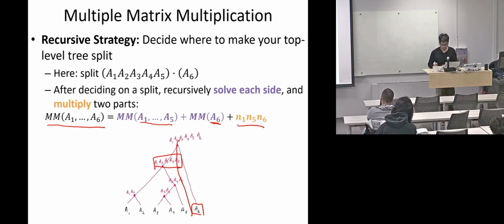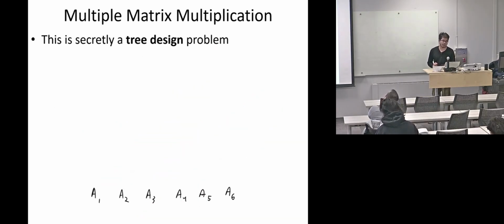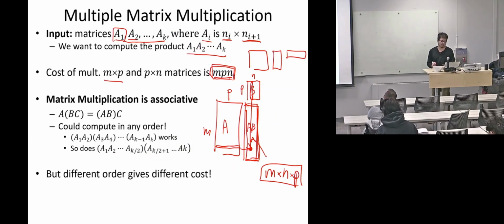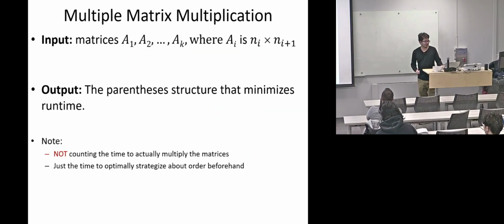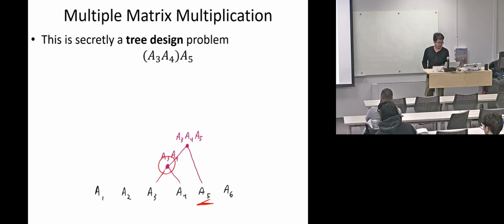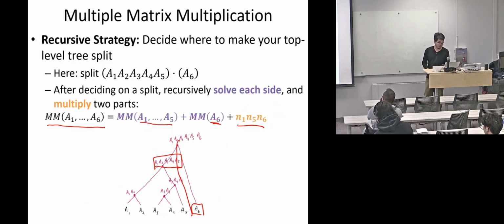Actually, you cannot do that for matrix multiplication because it doesn't commute. Oh, right. You cannot just say maybe I want to multiply A and C first and then multiply by B, because that might give you a different outcome. Yeah. Okay. So yeah, good question though.